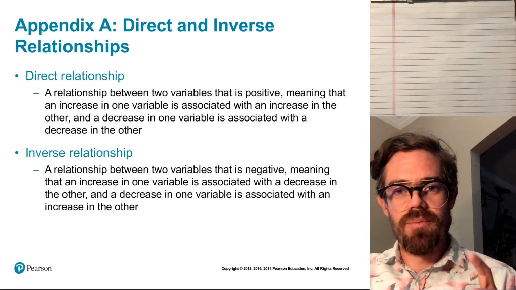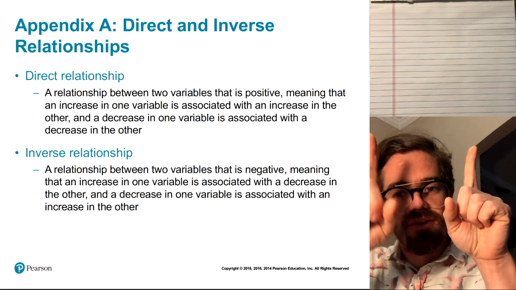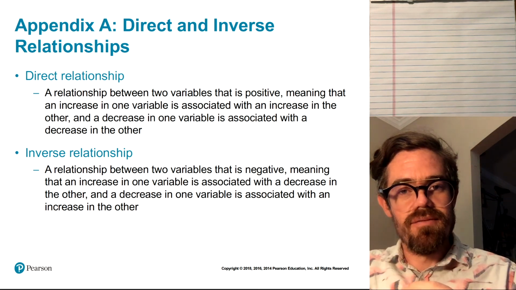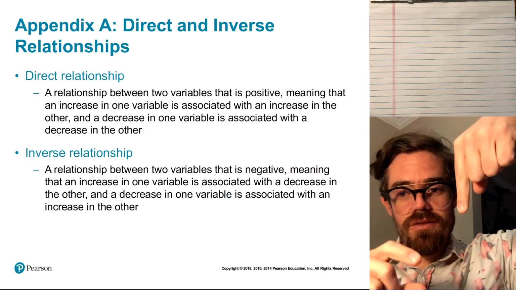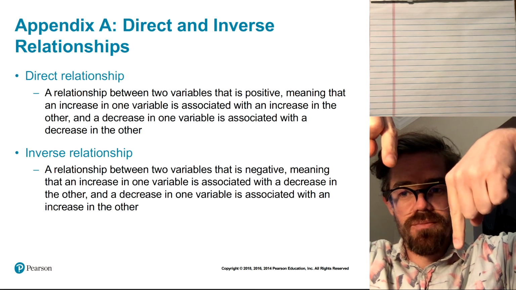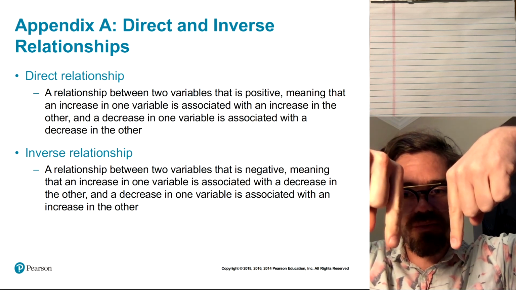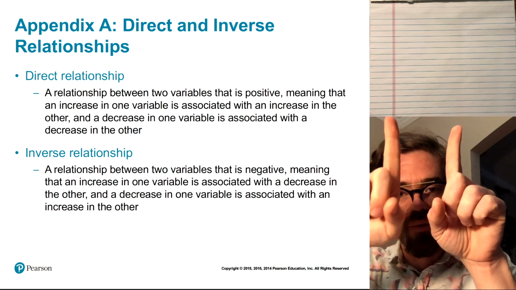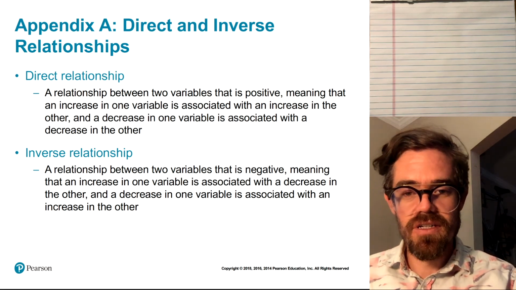So as a person's height increases, generally so does their weight, at least on average. And so they move in the same direction. If you're shorter, people weigh less, right? So that's a direct relationship because they move in the same direction. Taller people weigh more, right? So that's a positive direction. They're moving in the same direction.